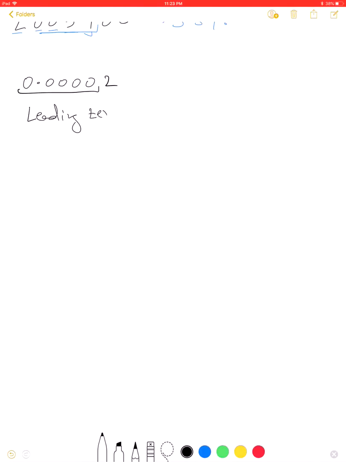So all your leading zeros in a decimal are insignificant, which is why this number contains only 1 significant figure.